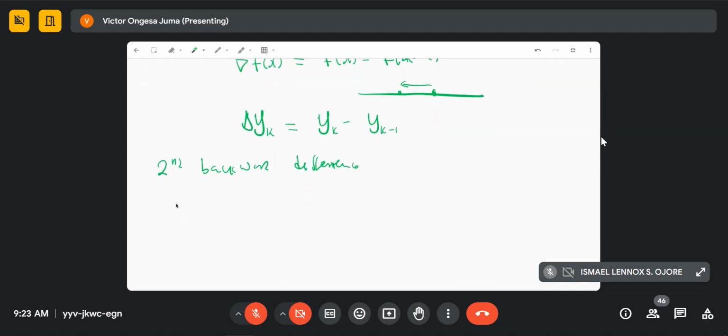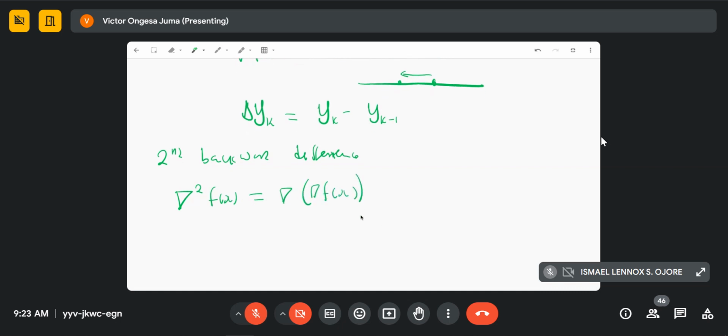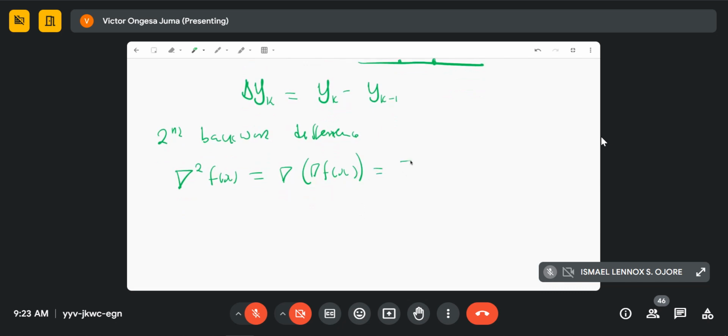The second backward difference of f of x is the backward difference of the first backward difference of that function, which gives us the backward difference of yk minus the backward difference of yk minus 1.